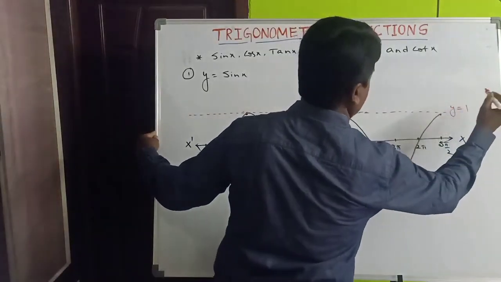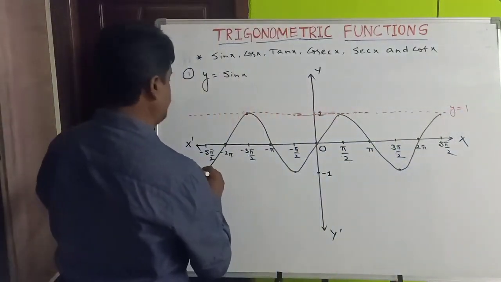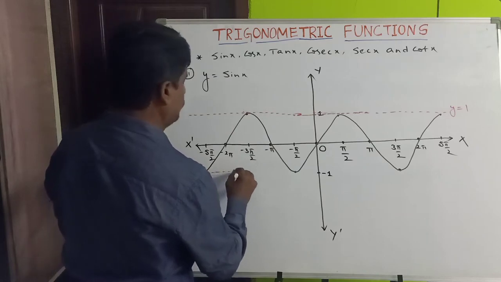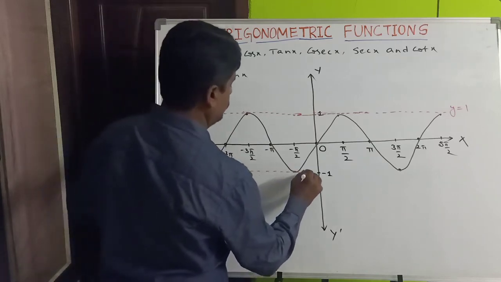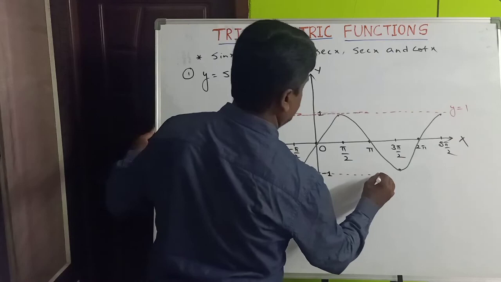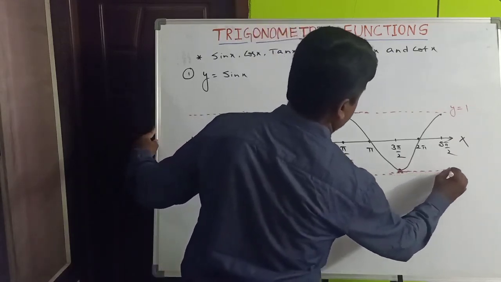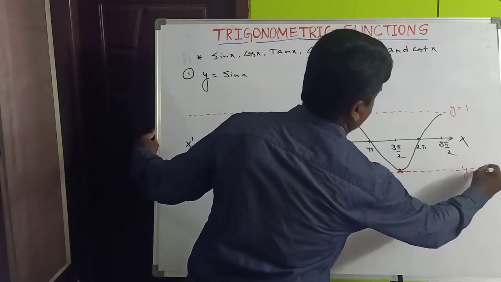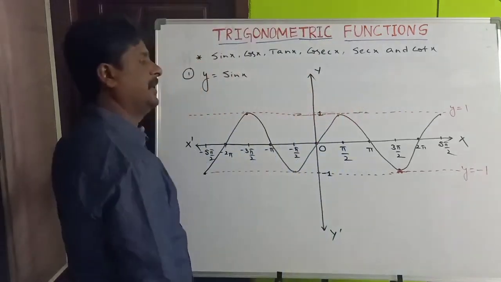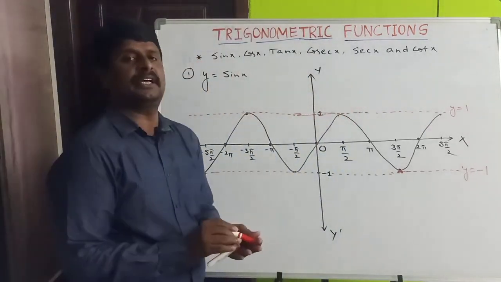This is y equals 1, the upper limit of the graph, and this is y equals minus 1, the lower limit of the graph.